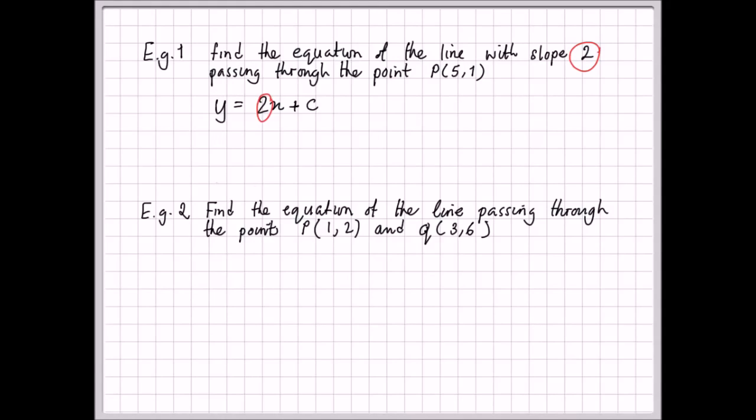And we can just substitute the values of the coordinates at P to do this. So we have y, which is 1, will equal 2 times 5 plus c. So therefore c is equal to minus 9. Finally then we can write down our equation y is equal to 2x minus 9.